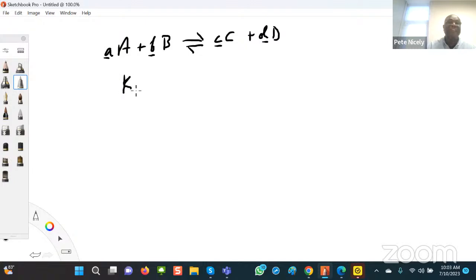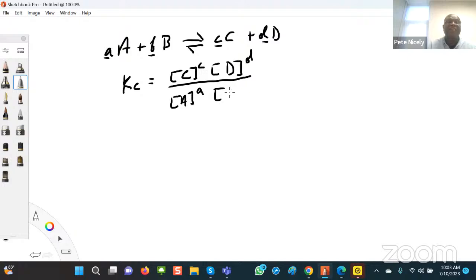So therefore, Kc, the equilibrium constant, would be equal to the concentration of C raised to the c times the concentration of D raised to the lowercase d, divided by the concentration of A raised to the lowercase a times the concentration of B raised to the lowercase b.